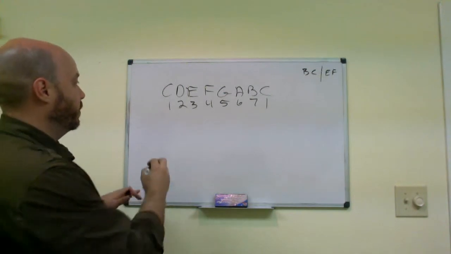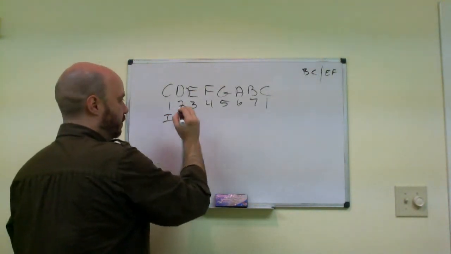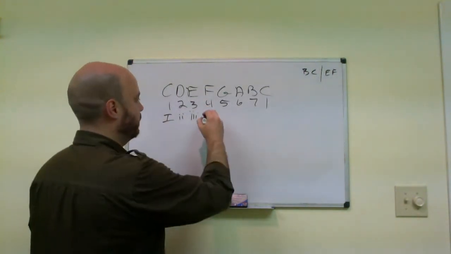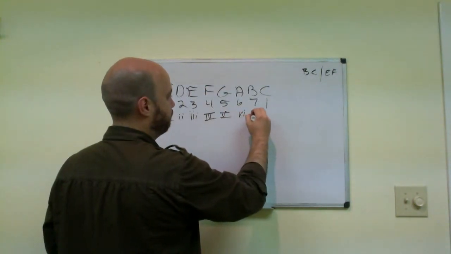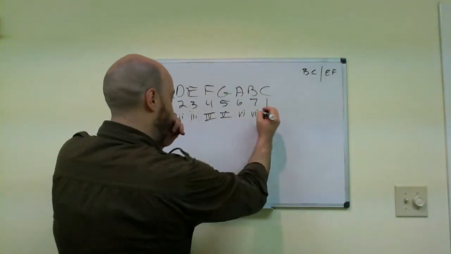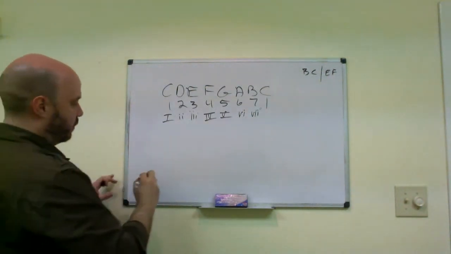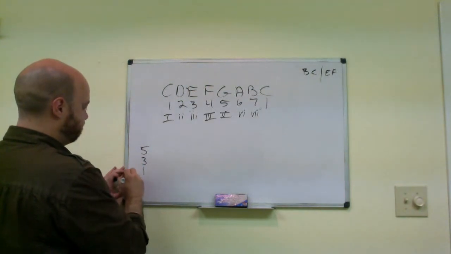So what is the 1 chord? The 1 chord is the chord built off of the scale degree. The 2 chord is the chord built off the 2nd scale degree. The 3 chord is the chord built off of, see? You get it, right? And 7 is diminished. The 1 chord is 1, 3, 5.